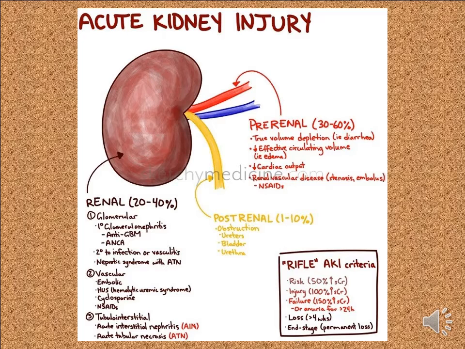Acute kidney injury with renal causes accounts for 20% to 40%, leading to glomerular, vascular, and tubulo-interstitial problems. Pre-renal causes account for 30 to 60%, developing through volume depletion like diarrhea or severe hemorrhage, decreased cardiac output, renal vascular disease like stenosis or embolism, or taking non-steroidal anti-inflammatory drugs. Post-renal causes account for 1 to 10%, such as any stone or problem in the bladder or urethra that returns the urine to the kidney.